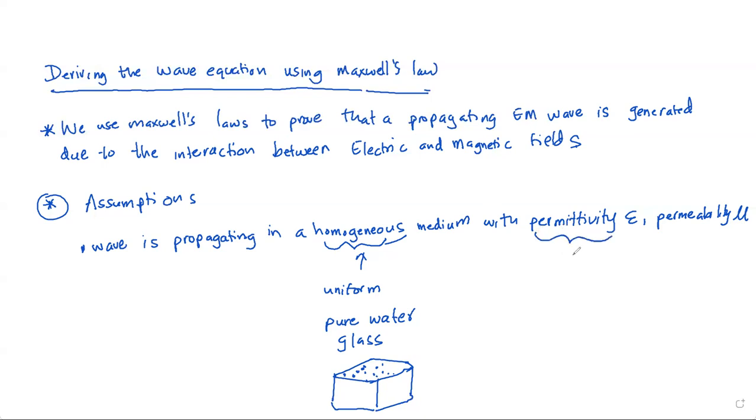So what is the meaning of permittivity? Permittivity is defined as the ability of a medium to create an electric field and store electric potential within the medium. So it is the ability of a medium to store electrical energy within the medium.